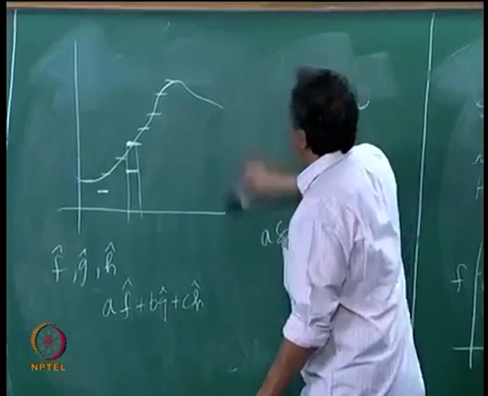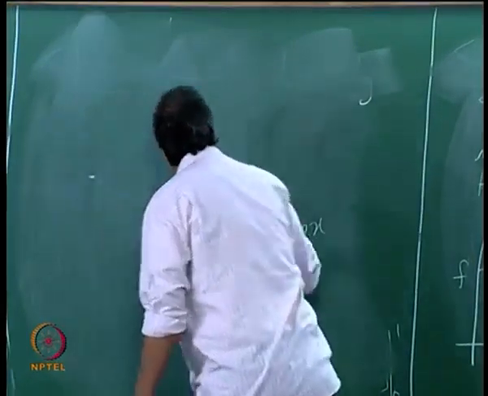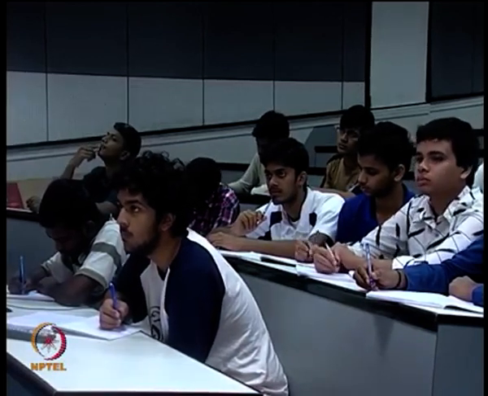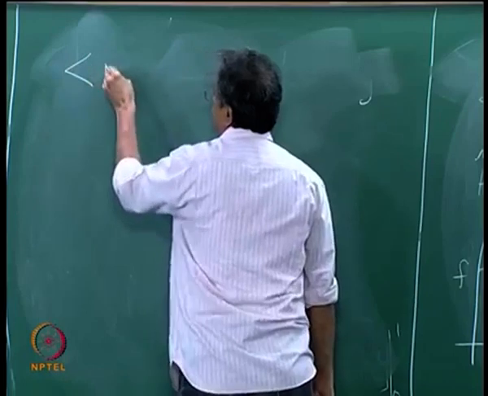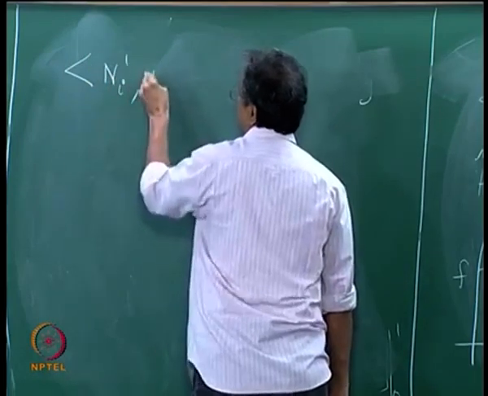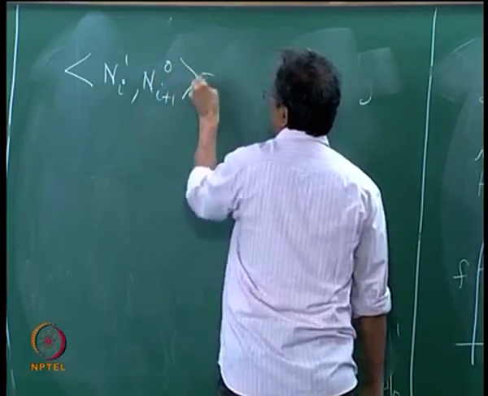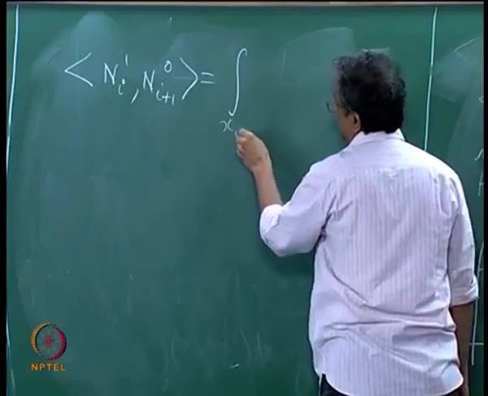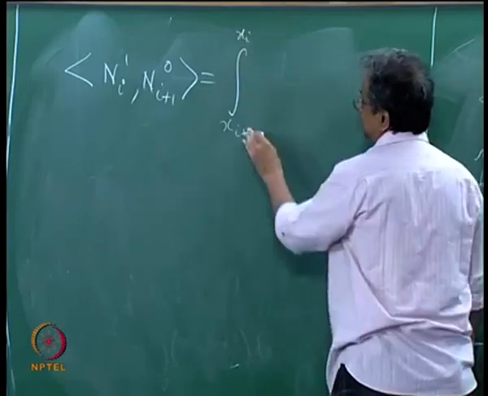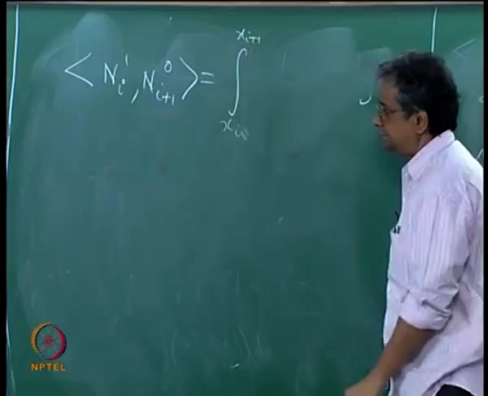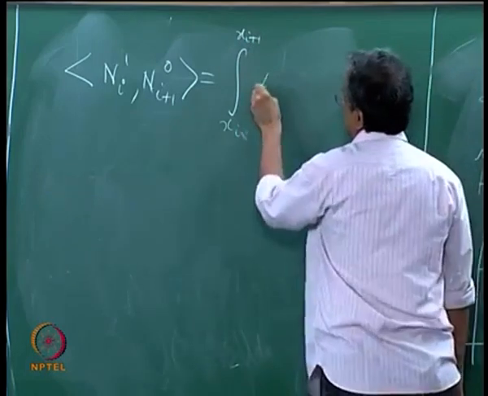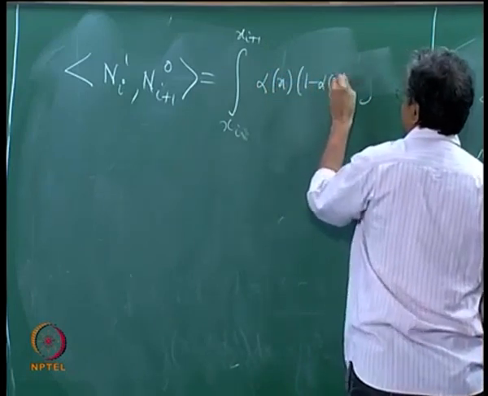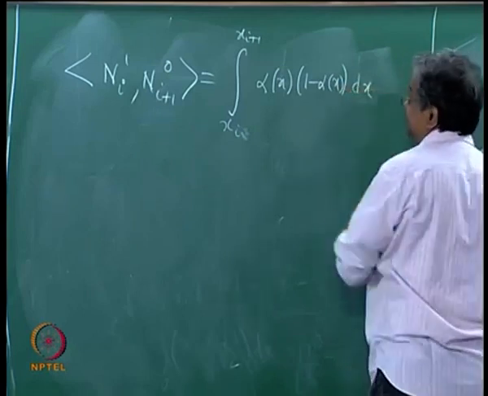Fine. So what we will do now is we will find out what the dot product is. So ni 1 dotted with ni plus 1 0 gives me the integral from xi to xi plus 1 of alpha of x times 1 minus alpha of x dx.